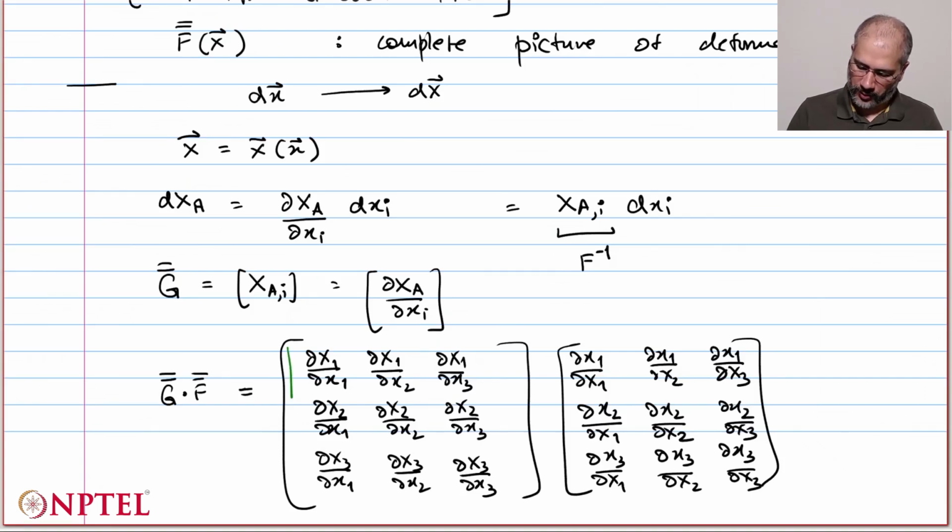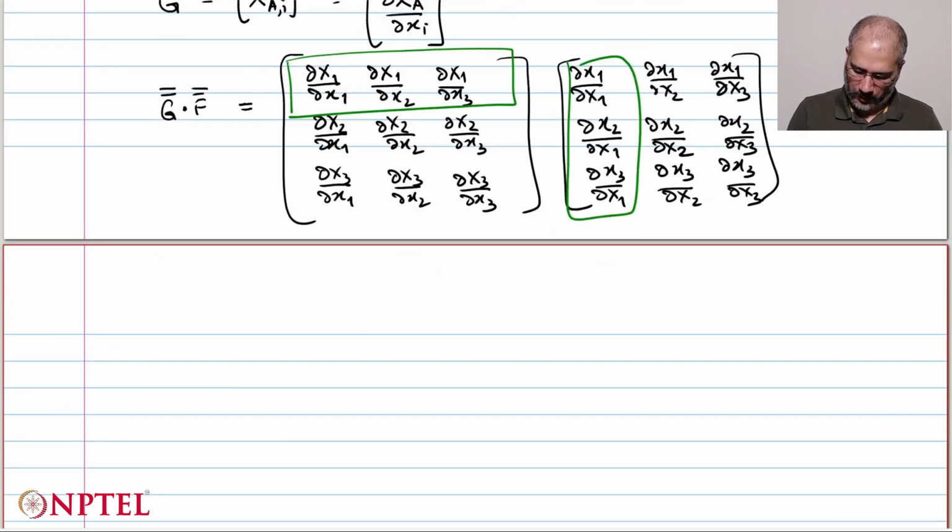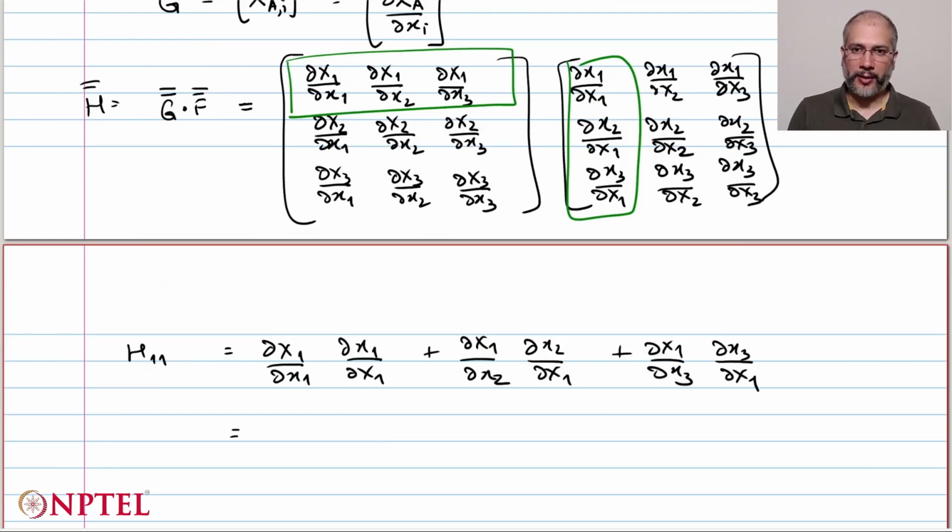And if I take just the first row of this and the first column of this to see what's the resultant 1 1 component, let's call this H. So H11 is this, and this is nothing but partial capital X1 by partial capital X1.